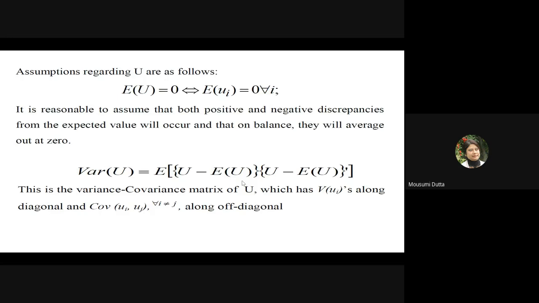If u is of order n by 1 and if expectation of u is a constant, what will be the order of u minus expectation of u? It remains N by 1. Very good. Order will be n by 1.